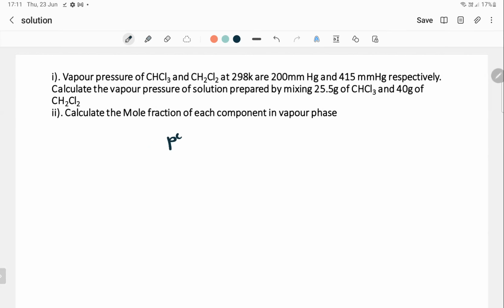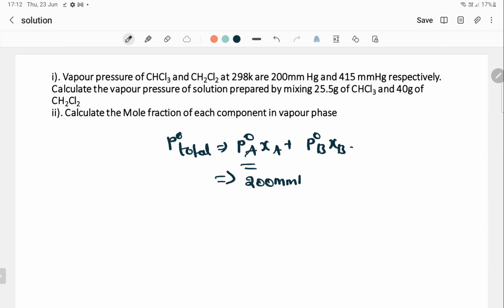So first, P total is equal to P naught A XA plus P naught B XB. No, you don't need to convert. Keep it in this form itself. Here we have 200 mmHg for P naught A, and we don't know XA. And P naught B is 415 mmHg and we don't know XB. So now we need to find this XA and XB.